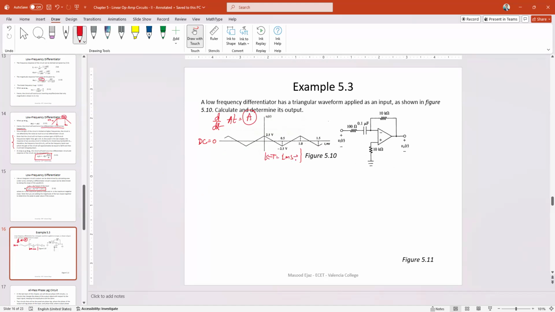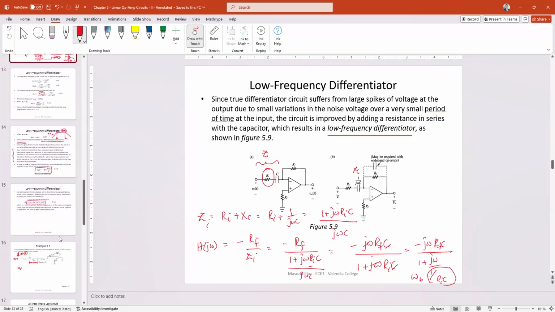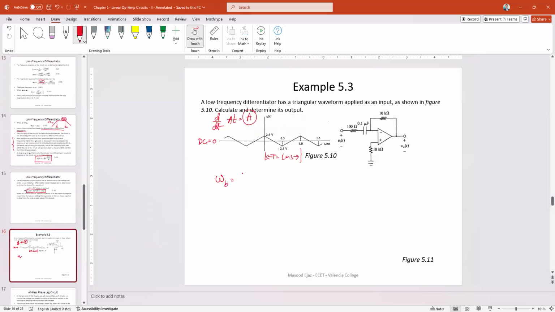You can also calculate the break frequency just to make sure that it is operating below the break frequency, such that it is acting as a true differentiator circuit. So the break frequency, omega B, is 1 over R input C, where R input is 100 ohm and C is 0.1 micro.